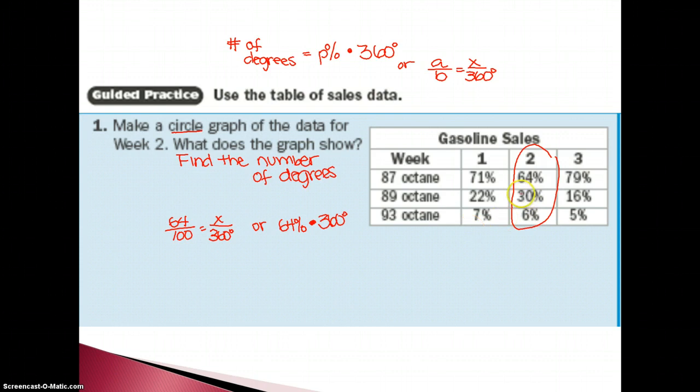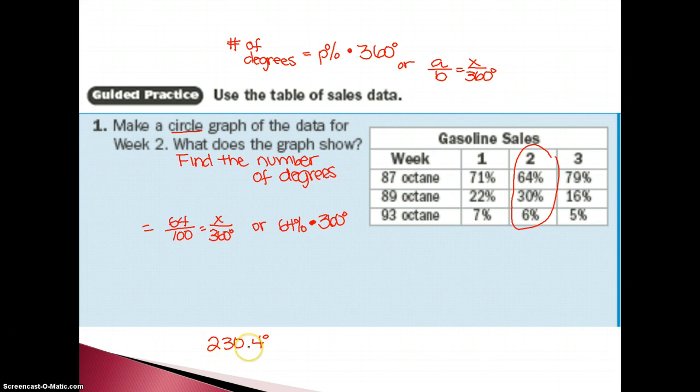Please pause the video, find the number of degrees for 87, 89, and 93 octane for week 2. For 87 octane, 64% times 360 is going to be, I'm going to write it down here, 230.4 degrees.